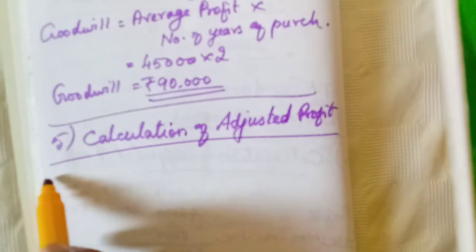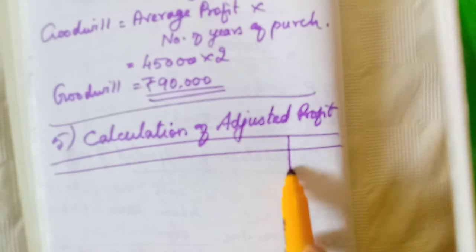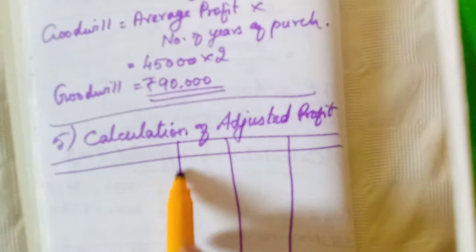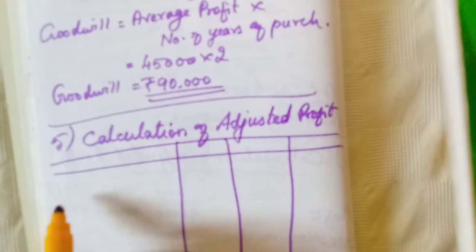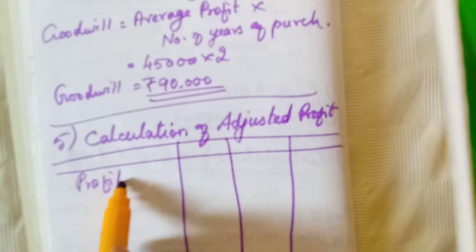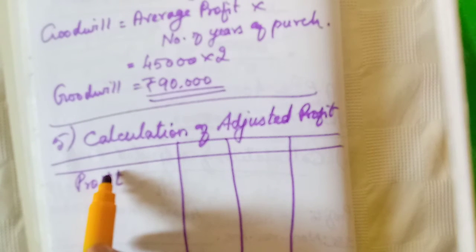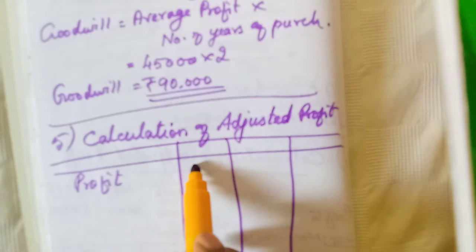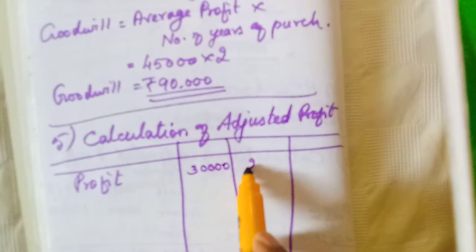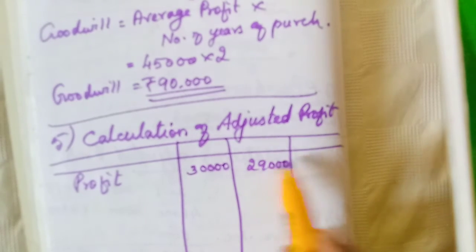Draw the column. 3 years profit. Then write that profit first. What is given in the problem? 30,000, 29,000, 32,000.